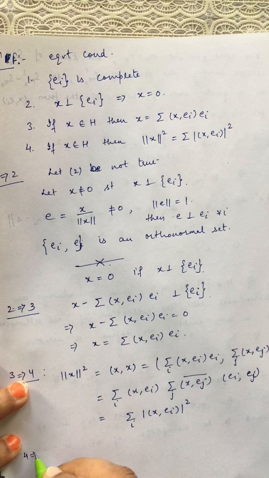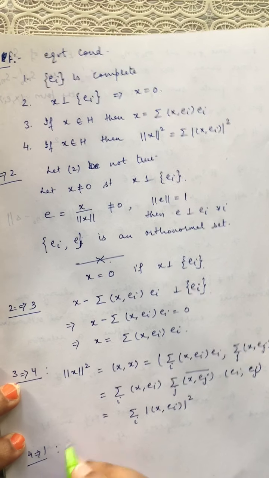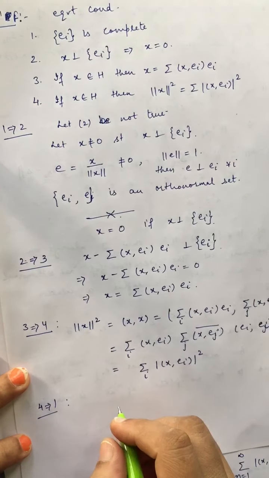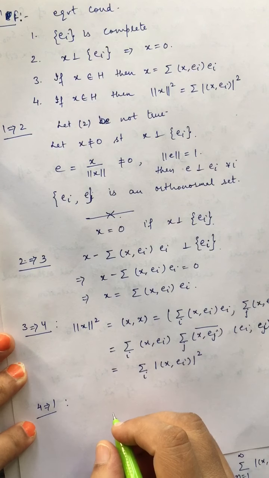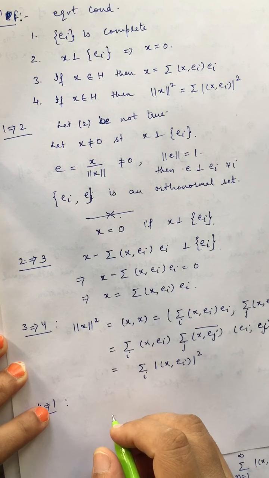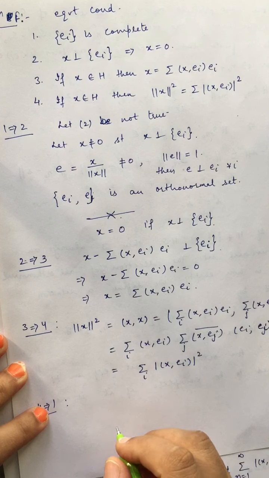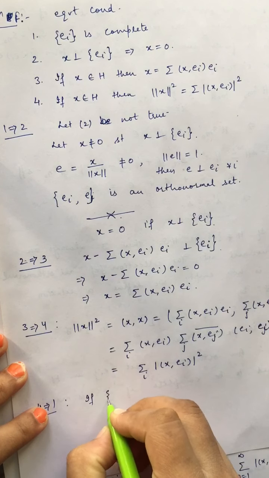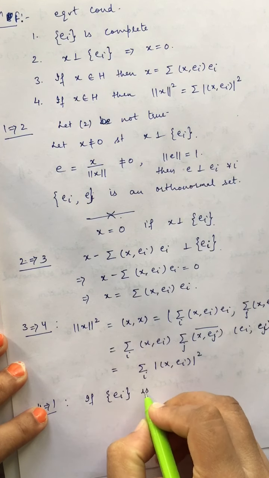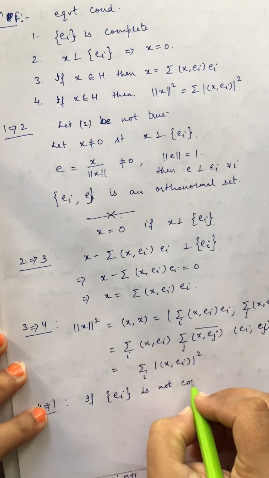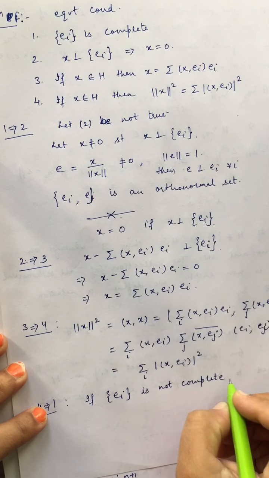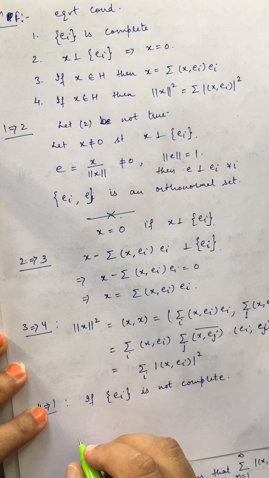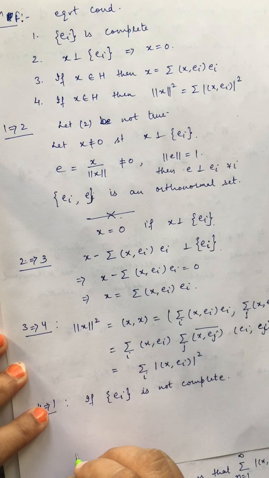Now 4 implies 1. So we have to prove now that EI is complete. So let us say EI is not complete. If EI is not complete, that means it is a proper subset of an orthonormal set.